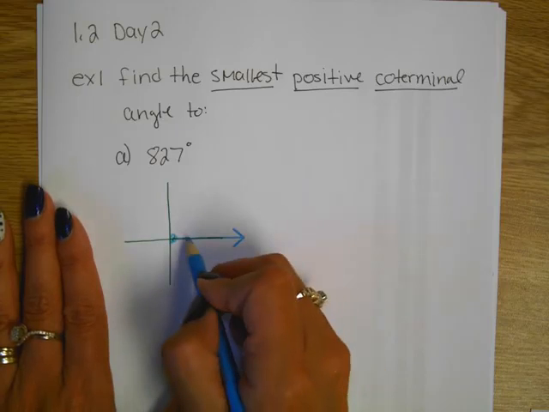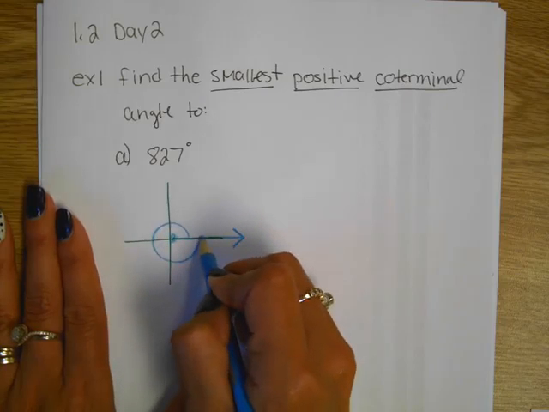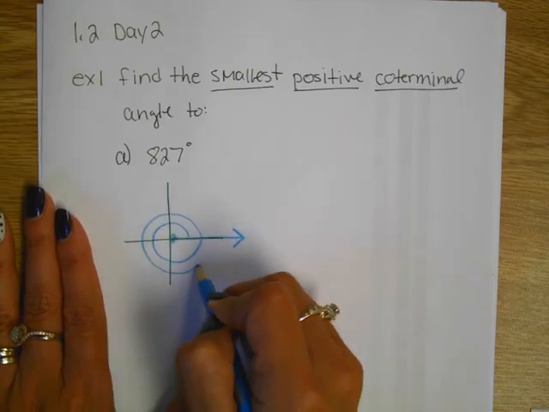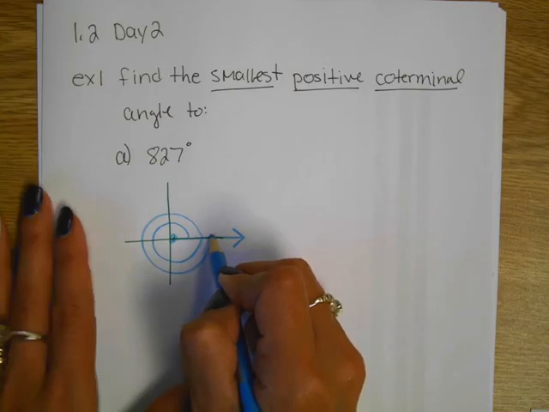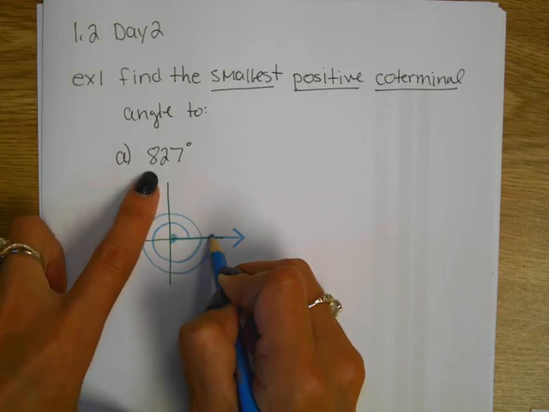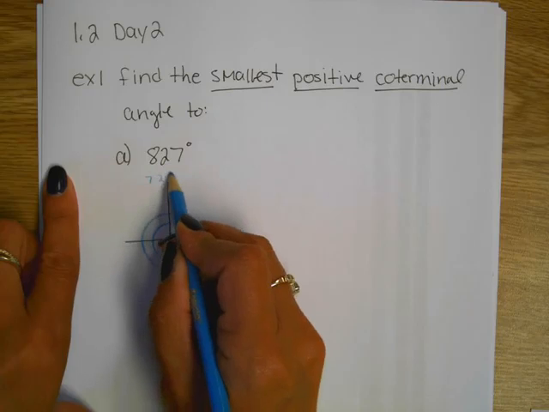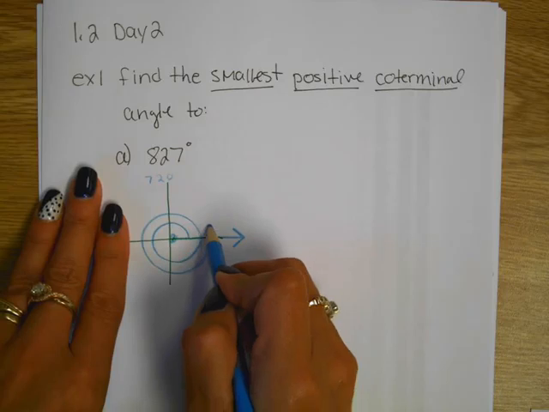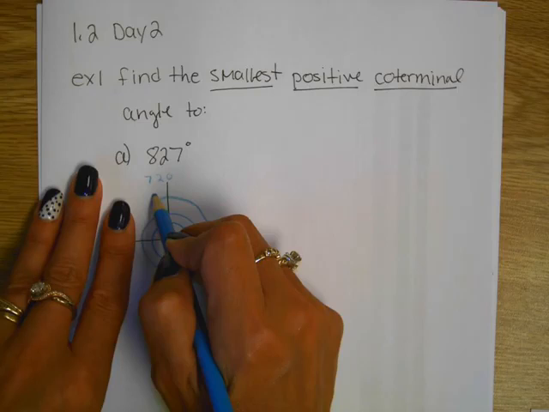So let's see what that would look like. 360. 720. How many more degrees do I have to go to get to 827 if I'm at 720? How many? 107. So that's going to take me into the second quadrant because that's 90 at the top. Go a little bit far.